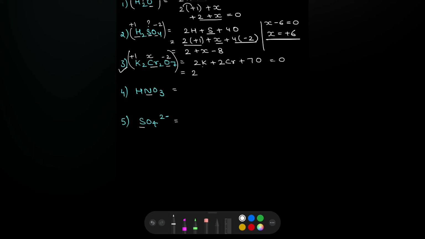The oxidation number of potassium is +1. For chromium we have to find it, and 7 atoms of oxygen, that is -2. Now this summation will be equal to 0.